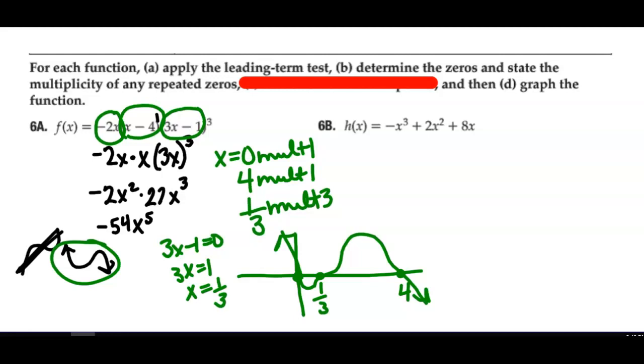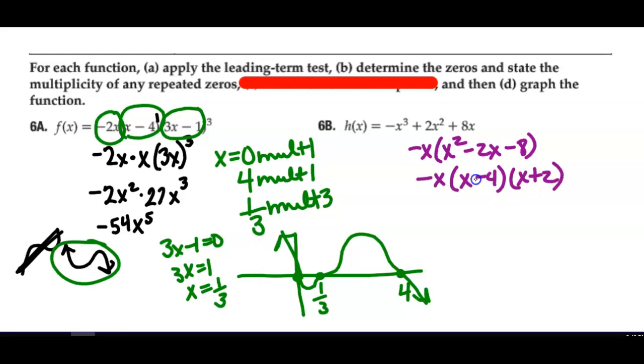All right, almost done. Take out an x or a negative x out of all these. And then that would factor x minus 4 and x plus 2. Yep, did that right? So we have a negative x cubed. So that's actually the same shape as the last one.